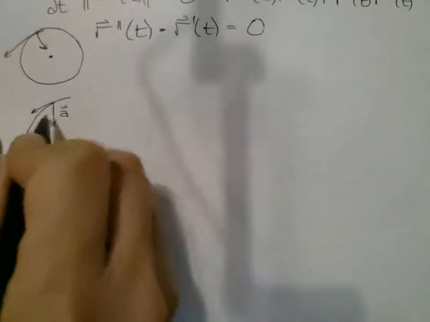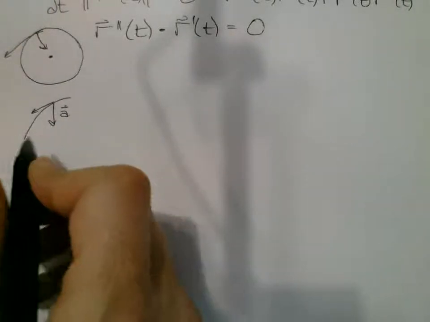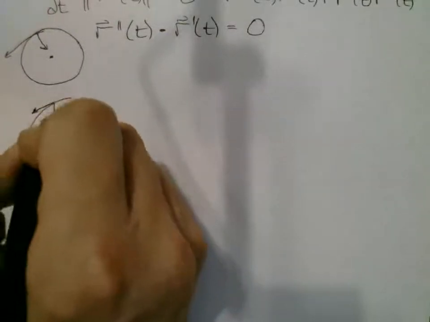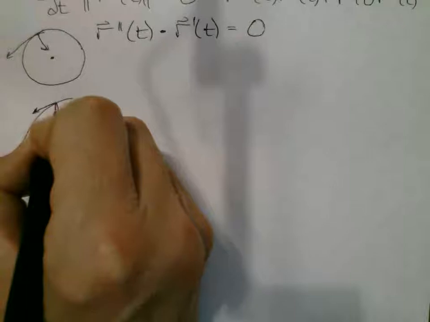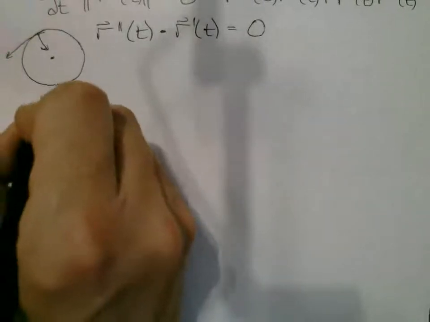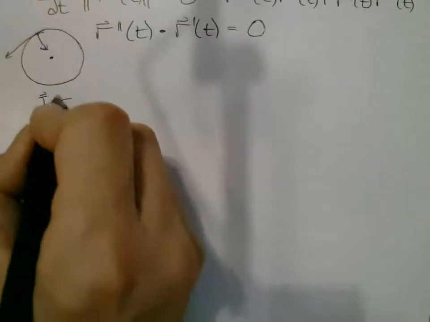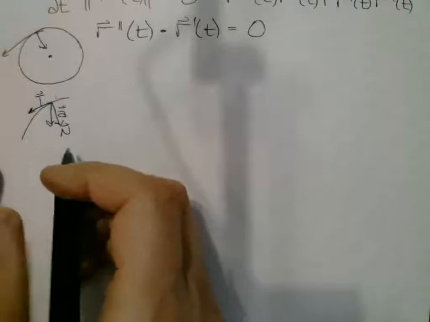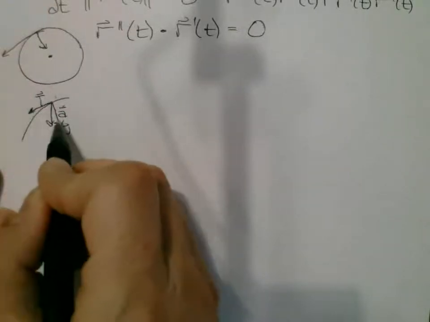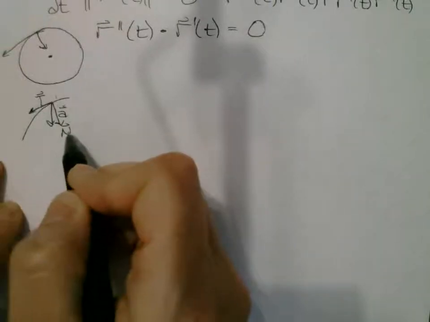Something I can do is take the acceleration and break it into two component parts, one of which is in the direction of the tangent vector, in the direction of the velocity, and the other of which is normal to that. So my tangent vector T up here, my normal vector to the curve here, and I can take that acceleration and divide it into pieces that are in the same direction as the tangent vector and in the same direction as the normal vector.